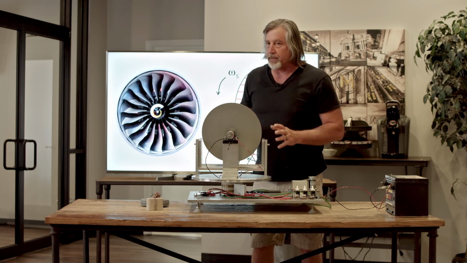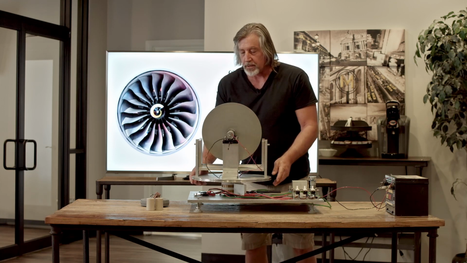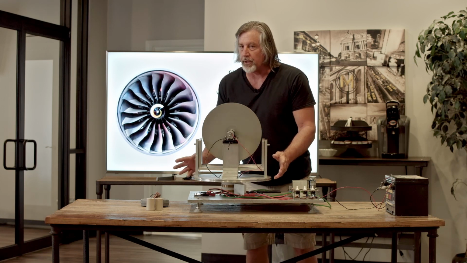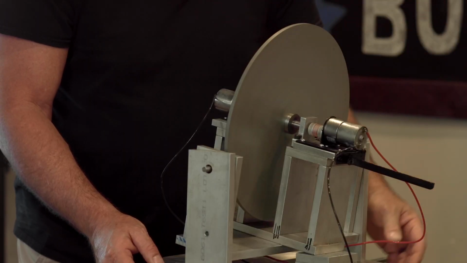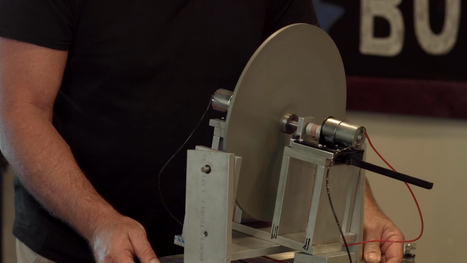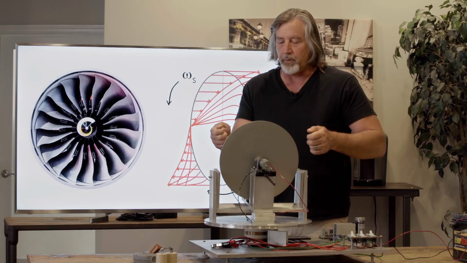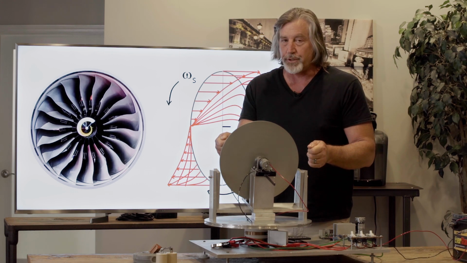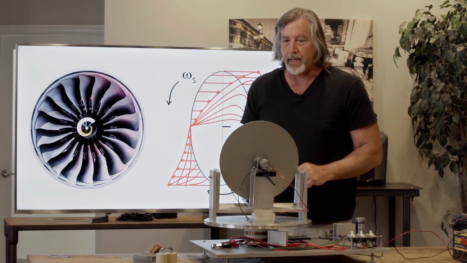So the only thing making this unbalanced right now is this little bar. So let me give this a little turn and you can watch the gyroscope pick up the bar. So the forces were there while I was turning. When I stop, the forces disappear and the weight of the bar puts the gyroscope back down.